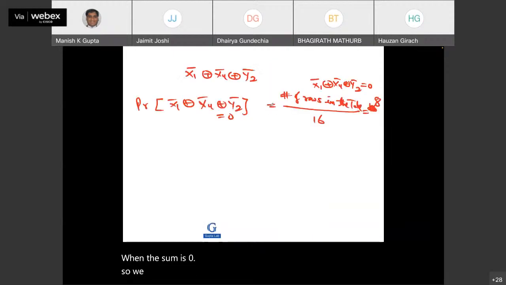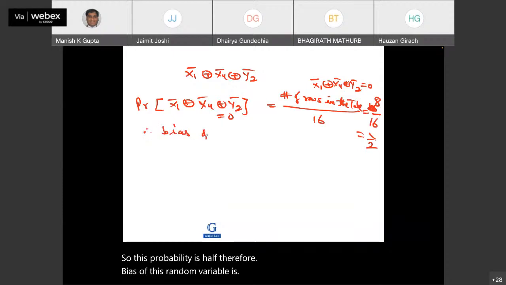We can compute how many times this happens, and that turns out to be 8 divided by 16. So this probability is half. Therefore, the bias of this random variable is half minus half, which is 0.